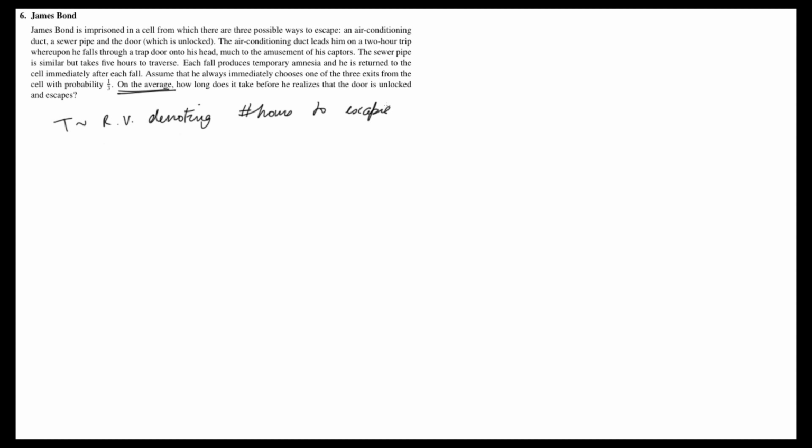So how do we look at this problem? The simplest way is to realize that each time he takes an incorrect pathway, he restarts again, completely forgetting what he did previously. So it's as though his entire situation is reset.